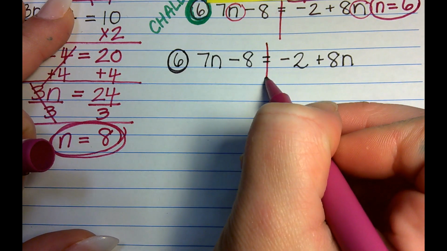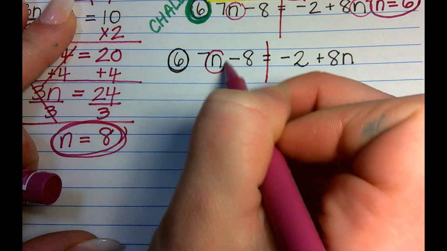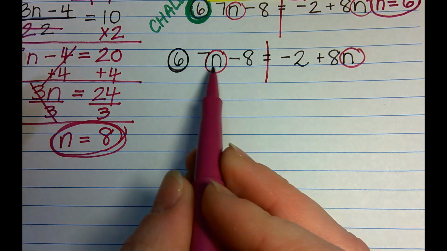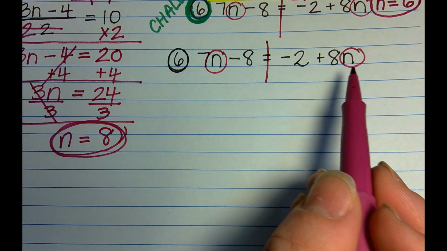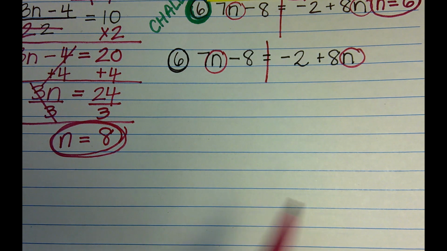Here's my equal sign. We have variables on both sides. We have 7n minus 8 equals -2 plus 8n. Now, normally we would start by, let me ask you guys, what do you think when you first look at this? What's your instinct tell you?